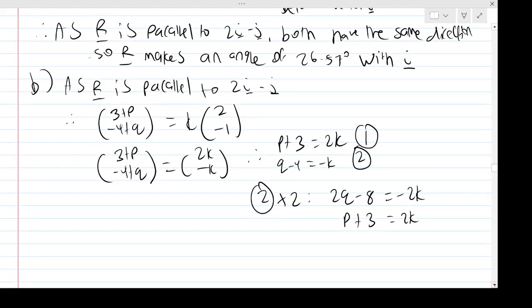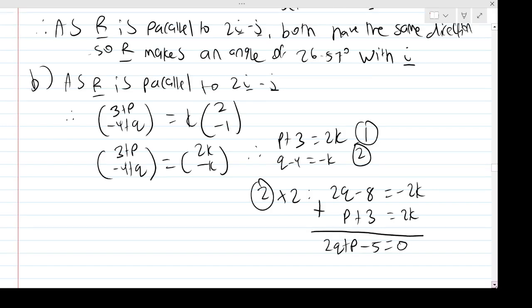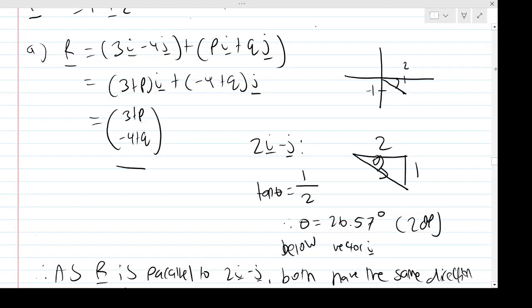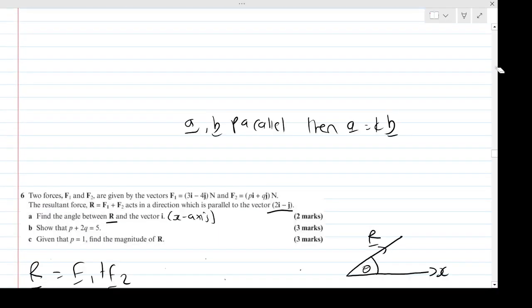So if we add them, we get 2q add p, minus 8 add 3, that's minus 5, equals 0. Because minus 2k add 2k is 0. So there we are, we get P add 2Q minus 5 equals 0. So P add 2Q equals 5. And there we are, we get that equation they wanted.